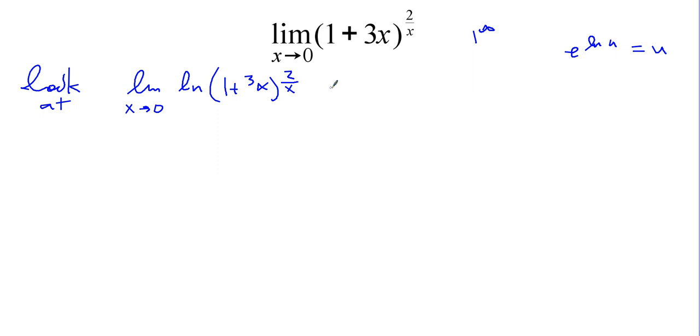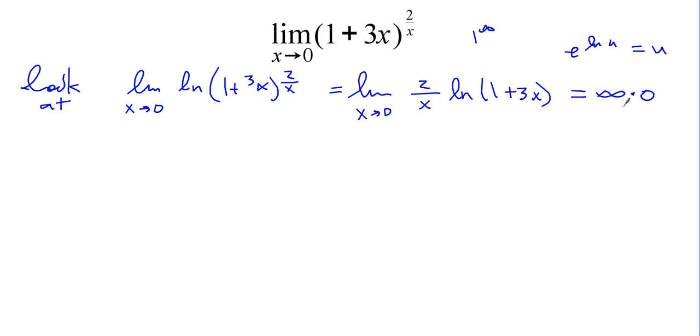And when we do this, we can pull our exponent of 2 over x out to the front, and we have 2 over x times ln of 1 plus 3x. And if we look at this, this is now 2 over 0 times the natural log of 1, so that's infinity times 0. But we can really quickly change that just like we did in the previous problem.